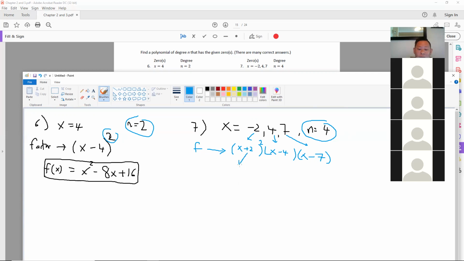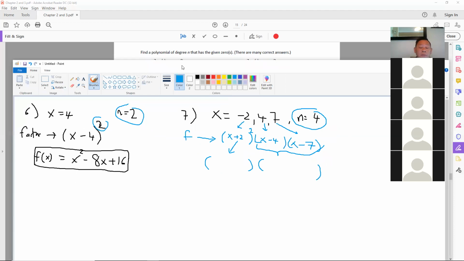Can you foil this first for me? And then also foil the last 2. There's a bit more work here in question 7. So x plus 2 squared gives us x squared plus 2 times 2 times x, 4x, plus 4, because 2 squared is 4.